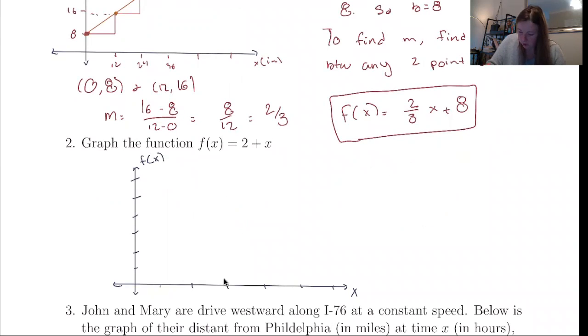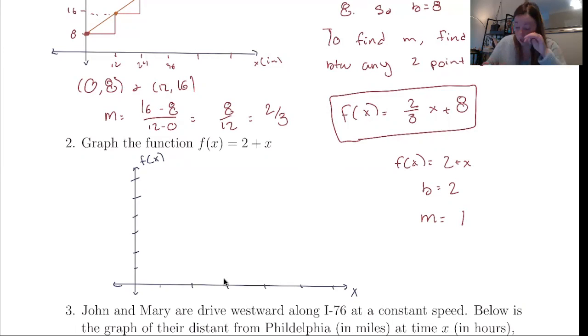Okay, so when f of x equals 2 plus x, that tells me that b is 2 and m is what? M is 1, right? There's nothing in front of x, but it's not 0, because 0 times anything would just be 0, and it wouldn't be there.